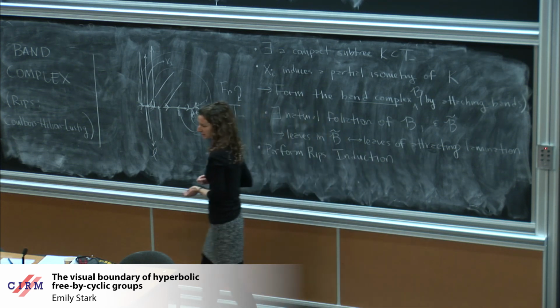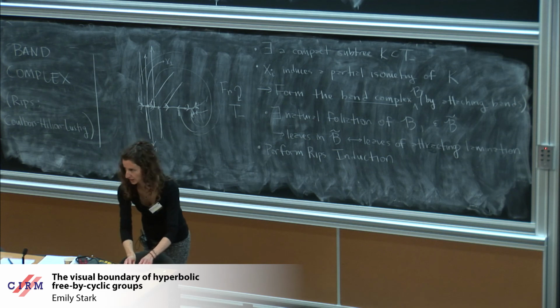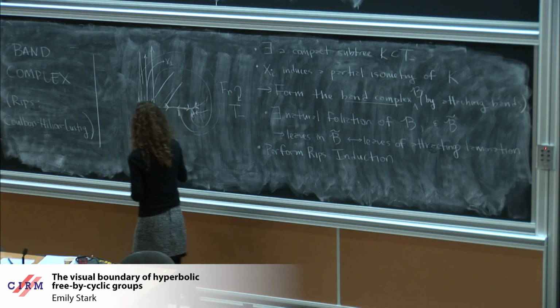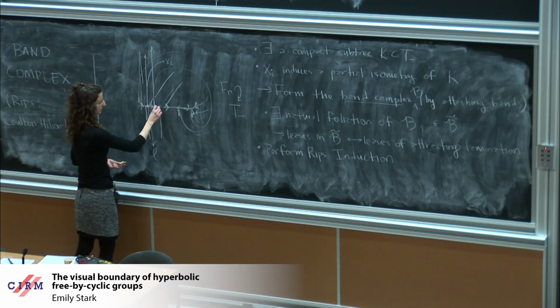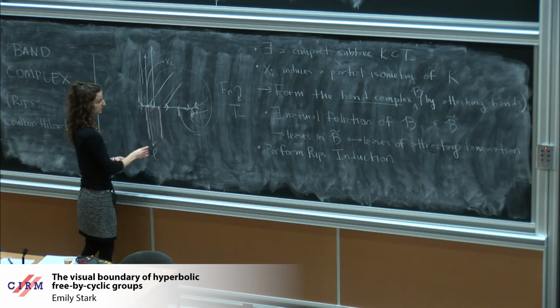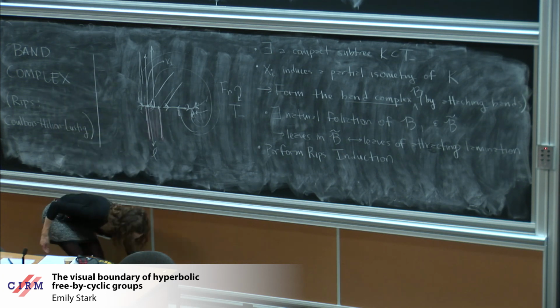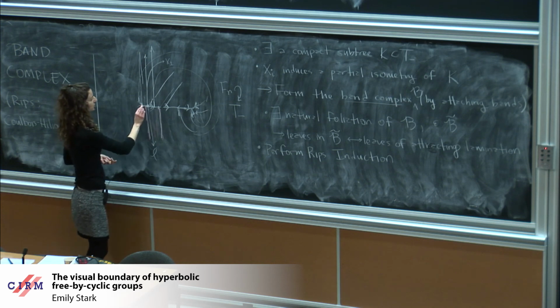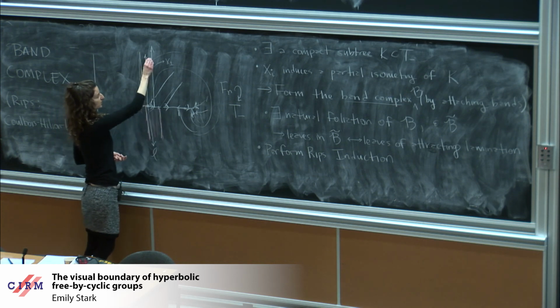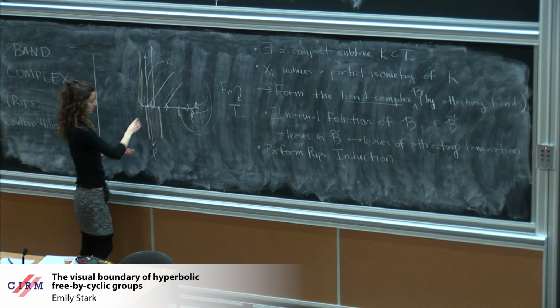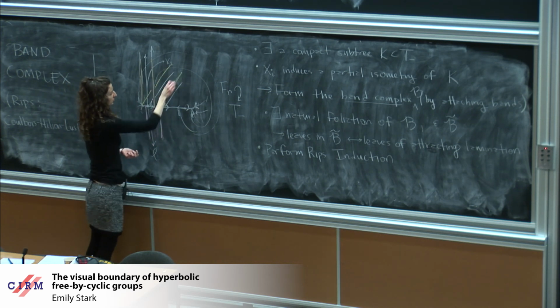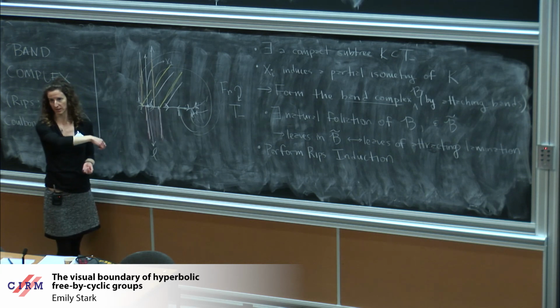And we prove that for either the attracting tree or the repelling tree, at every step of Rips induction, you can find 3 bands, say one in red, one in orange, and one in yellow, which all overlap. And you can find this at every stage of the induction.